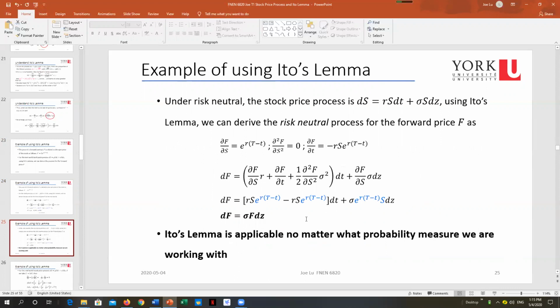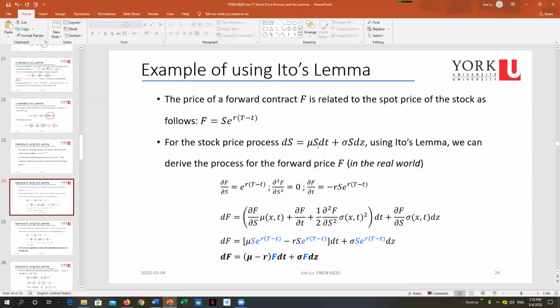Let's take a look at another example here. Under risk neutral, we'll have dS equal to rS dt plus sigma S dz. Now, in the earlier example, in this stock price process, we have dS equal to mu S dt plus sigma S dz. The process we specified there is not under risk neutral.